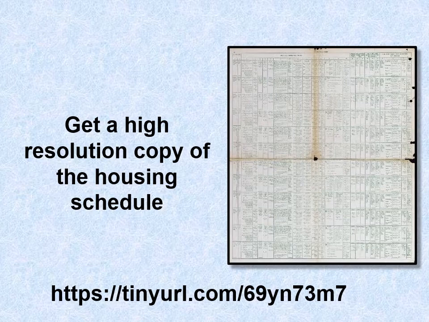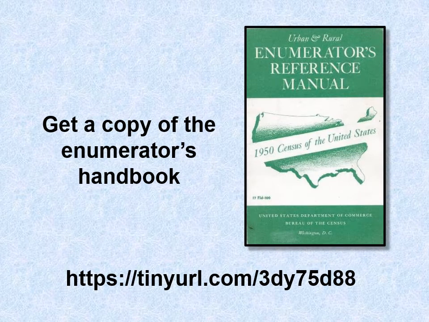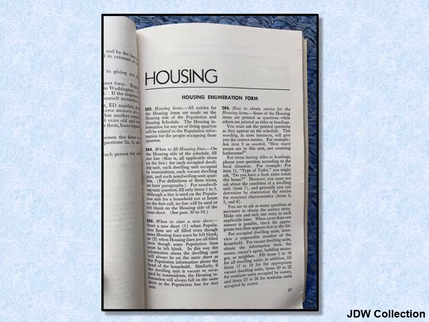And one of those things I want you to get was a high resolution copy of the housing schedule. I also want you to get a copy of the enumerator's handbook, and there's a link for that as well. That says urban and rural, but it also contains the instructions to the enumerators for the housing census. So that's kind of important.